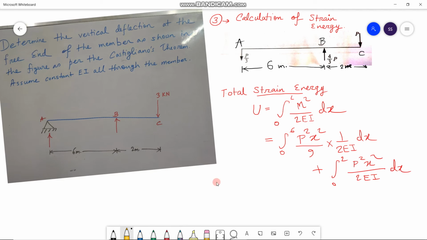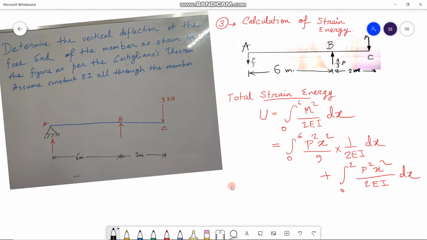Here, before proceeding for further calculation, let me remind you that this particular region of calculation deals with the calculation of total strain energy for the portion AB, and this portion of calculation deals with the calculation of total strain energy for the portion BC, and this total summation deals with the calculation of total strain energy for the entire member, that means for the member AC.